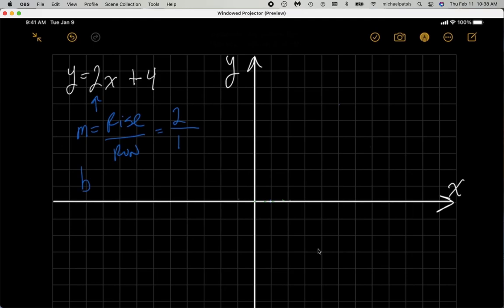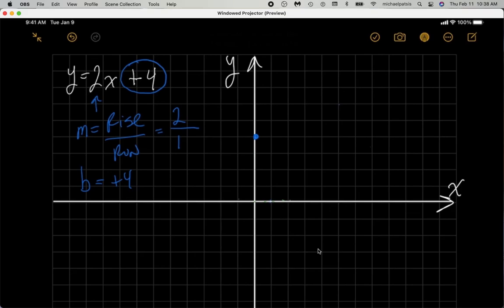Then we find the y-intercept. We take exactly what you see, sign and all, plus 4. So the y-intercept is defined as the point on the y-axis that this line crosses. So we move up to y equals 4 right there.